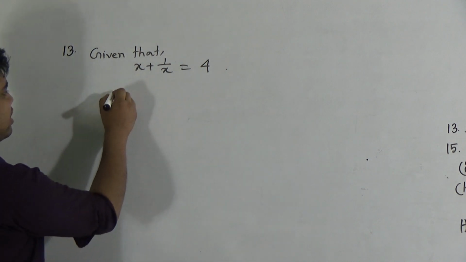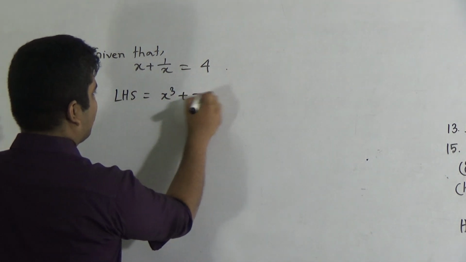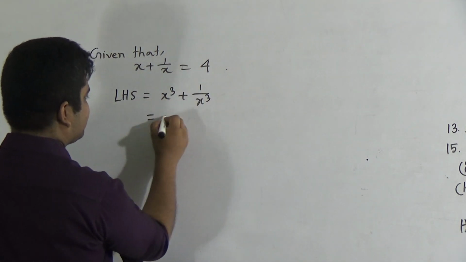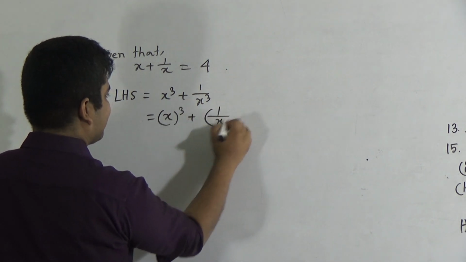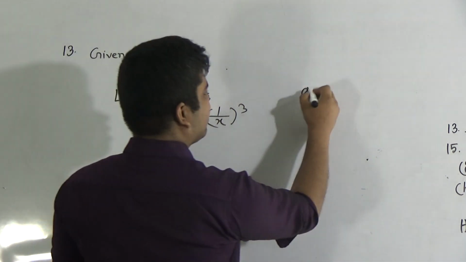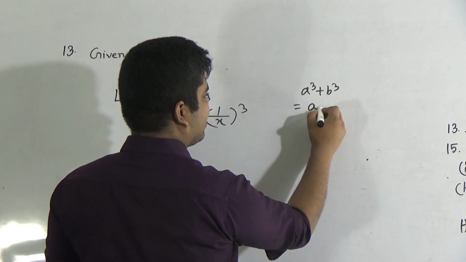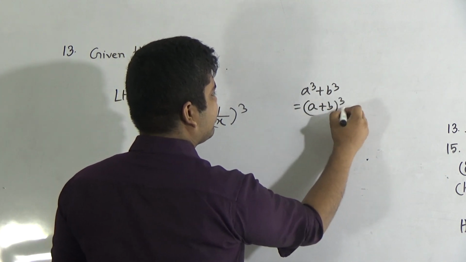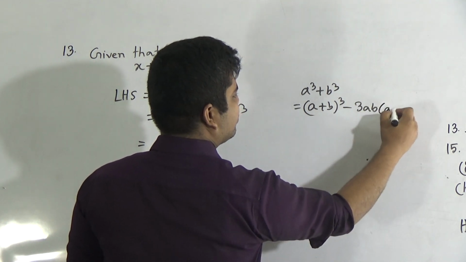So now write left hand side: x cube plus 1 by x cube. At first we write x whole cube plus 1 by x whole cube. Do you know this formula, a cube plus b cube? The formula of a cube plus b cube is a plus b whole cube minus 3ab into a plus b.